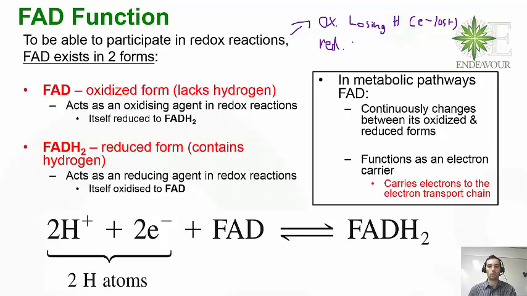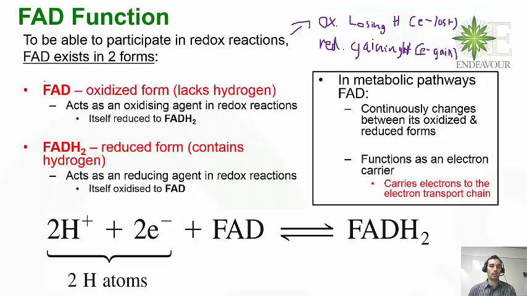Whereas if something's being reduced, then it is gaining hydrogen. And if it's gaining hydrogen, then that means we're actually gaining electrons as well, because that hydrogen has an electron associated with it.